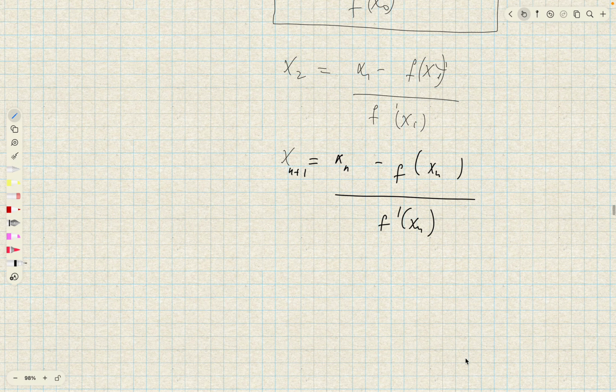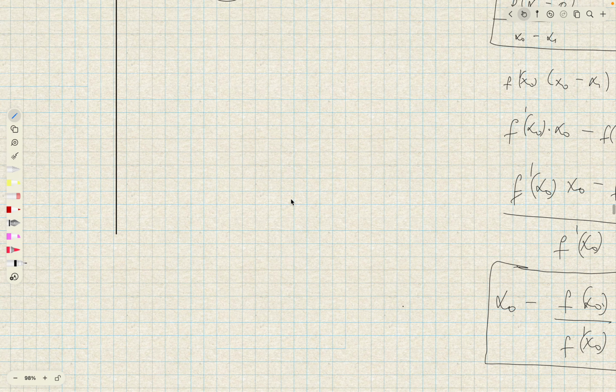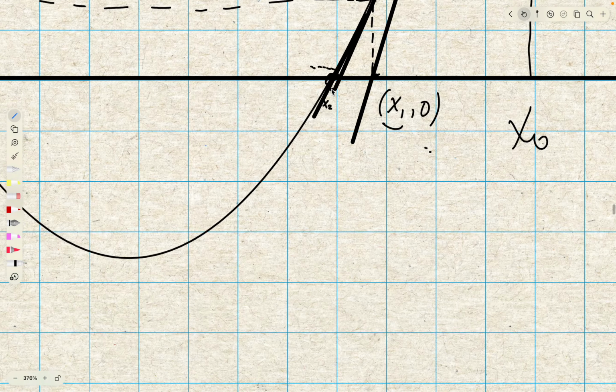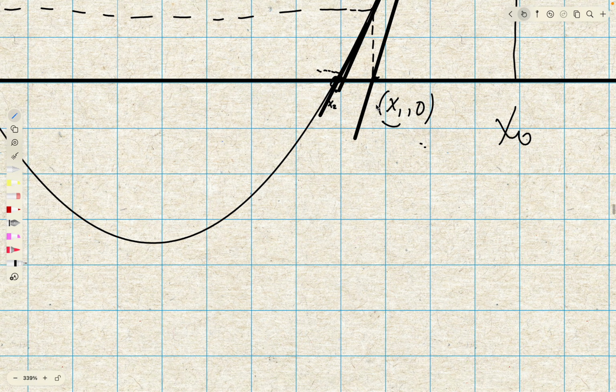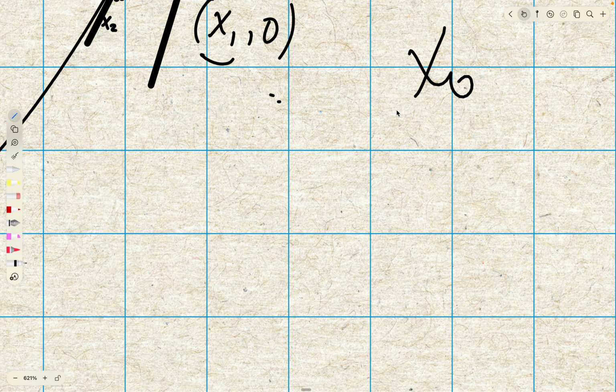And we keep doing it, and we know as we get closer to the root of that function, the distance between xn and x(n+1) also decreases.